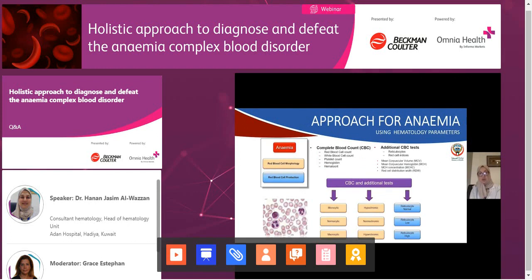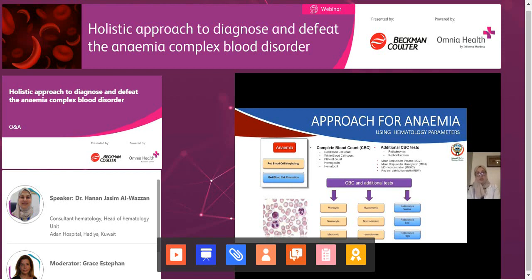So in approaching the diagnosis of anemia, we use the CBC counters for definition and classification of anemia, by measuring the red cell count, white blood cells, platelets, hemoglobin, and hematocrit. Then we do additional red cell indices like MCV, MCH, MCHC, and the RDW.